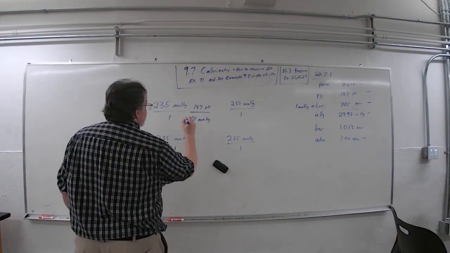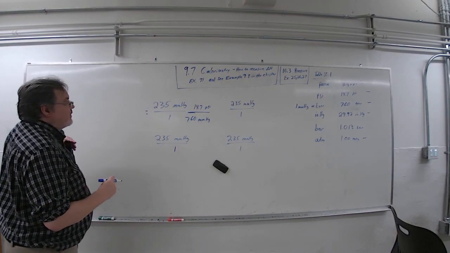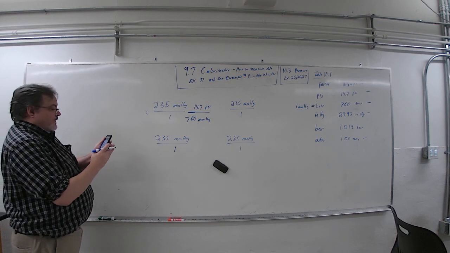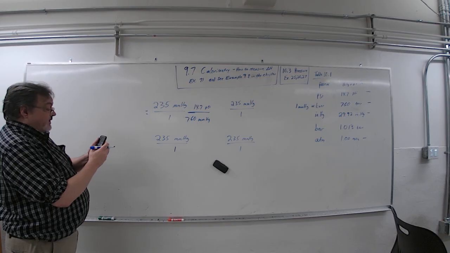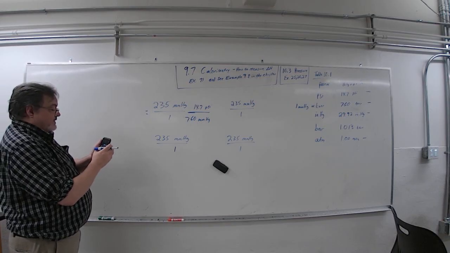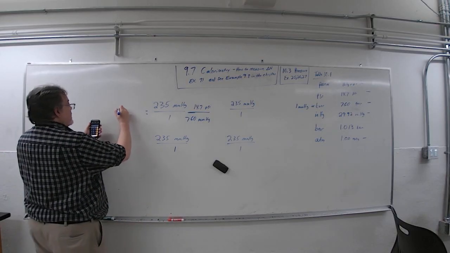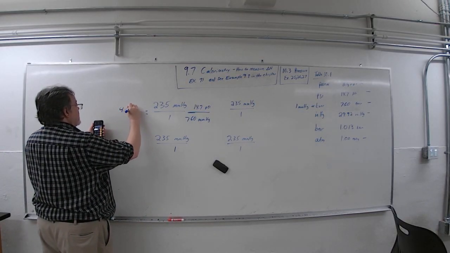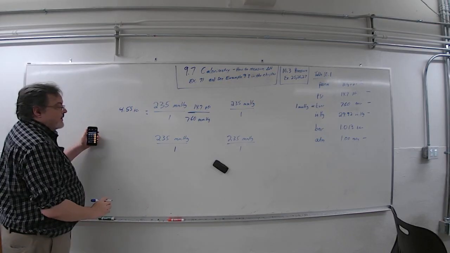Yeah, that's right. So that's how you would convert it. 235 times 14.7 divided by 760. 4.55 pounds per square inch.